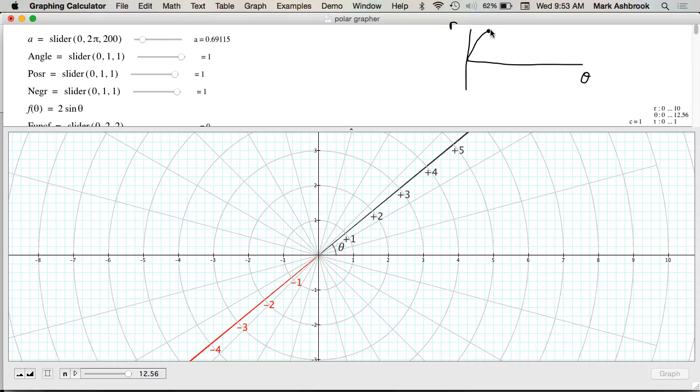And we came up with this graph of r equals 2 sine theta, like this. 2, 0, negative 2, pi over 2, pi, 2 pi. And we said, as theta goes from 0 to pi over 2, what does r do? We use this graph to answer that question. It goes from 0 to 2.